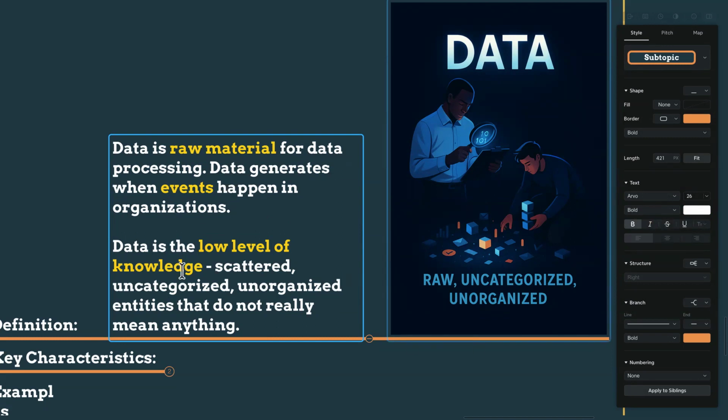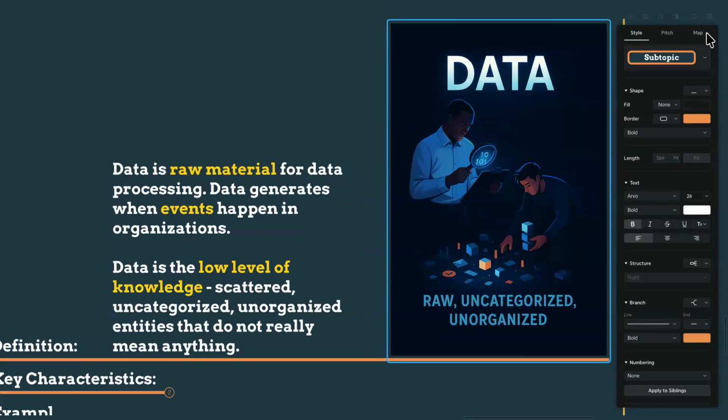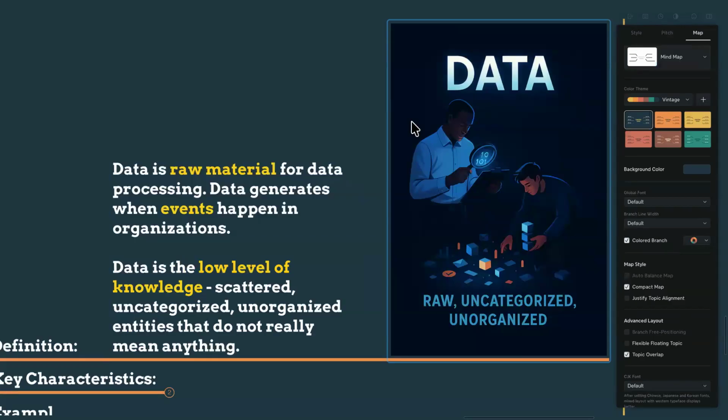You can see in the picture. So it's not going to give more insights or information-level knowledge. It's a very low level knowledge because it is very scattered here and there, uncategorized, unorganized entities that do not really mean anything. That is the meaning of data, right?